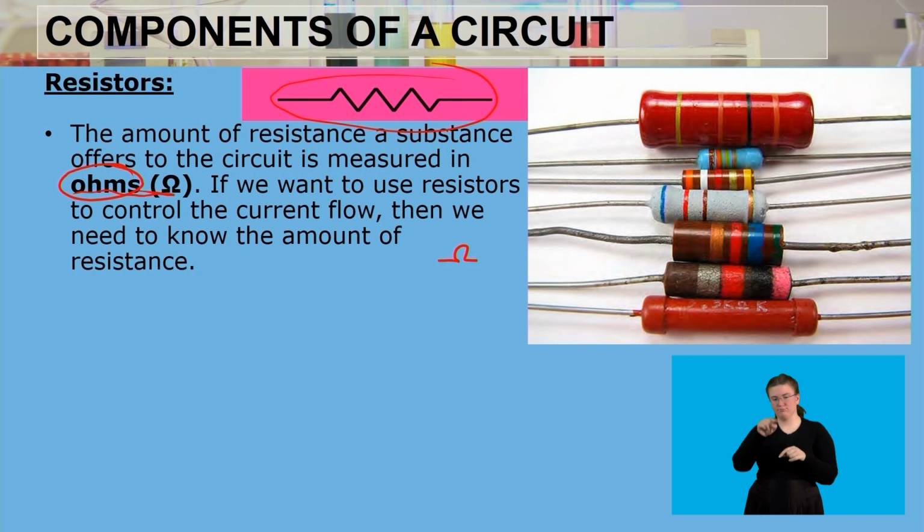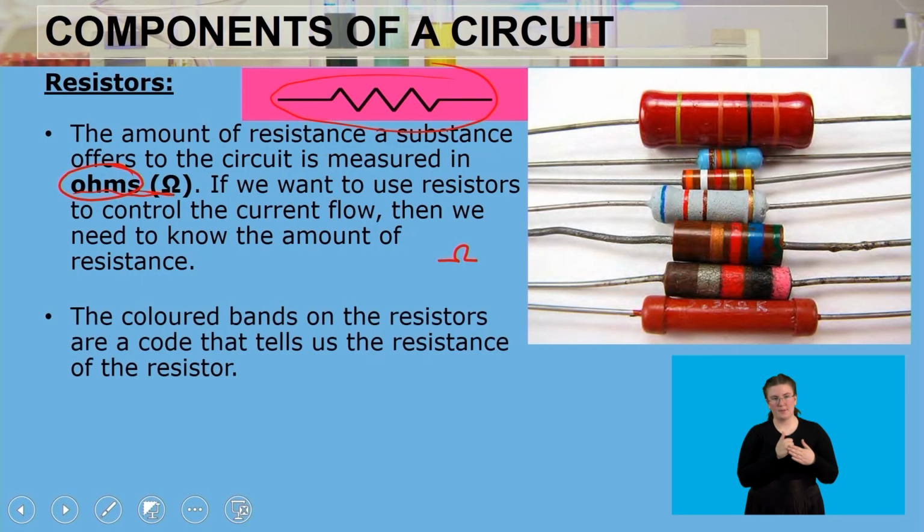So if you want to use resistors to control the current flow, then we need to know the amount of resistance. In order for us to control the flow of current within a circuit, we need to know how much resistance is required for that particular circuit. And this is why resistors are useful to us, because as we have seen, they help us to heat up the water that we make the coffee with.